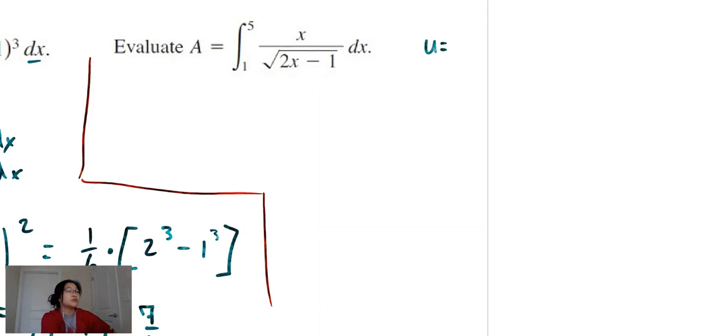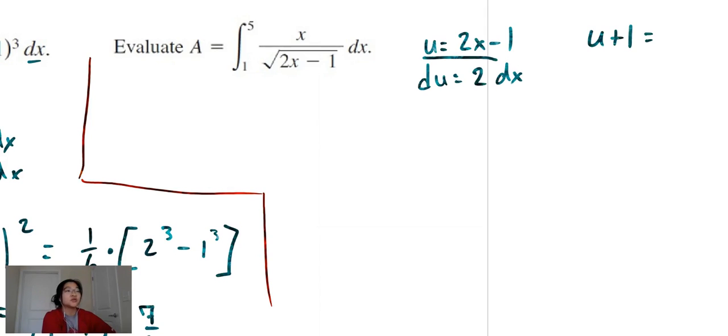So u equals 2x minus 1. du is 2 dx. So, what do we do now? Well, we have this equation, so we also know that u plus 1 equals 2x, and so u plus 1 over 2 equals x.